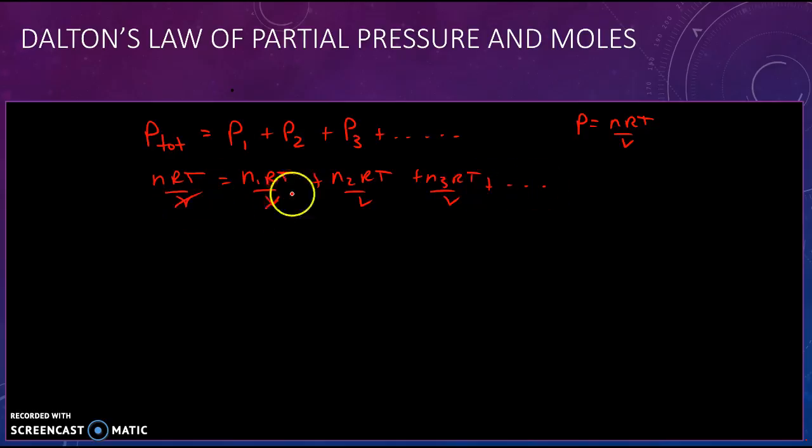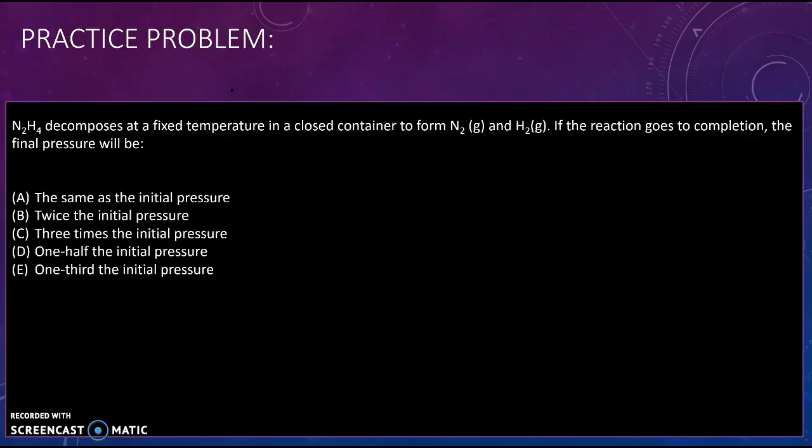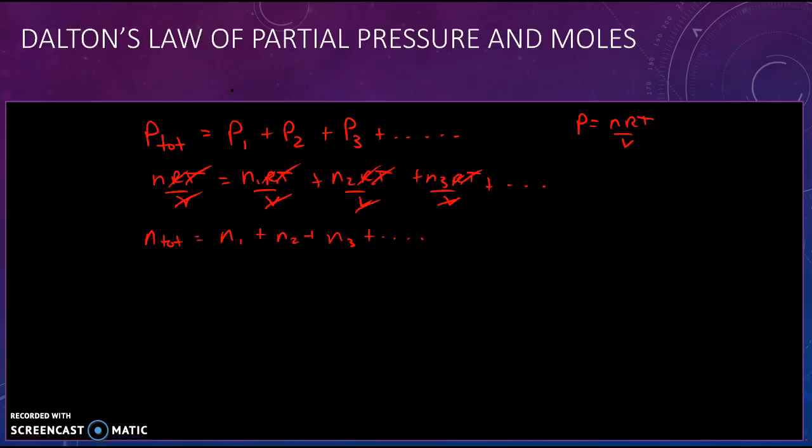The volumes are the same for the gases because the gases fill up their volume. R is obviously the same. T is obviously the same. And so what we have here is that the total moles of gas is equal to the sum of the moles of all the gases. So again, that's a consequence of Dalton's law of partial pressure, and it makes sense. The n1, n2, and n3.